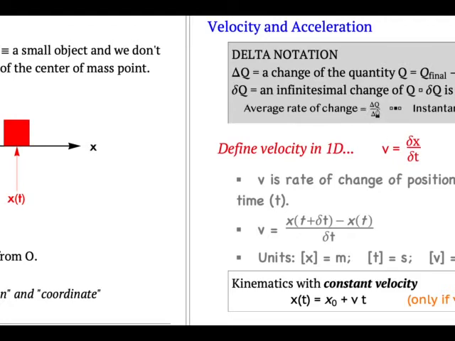Maybe that's 1 minute. And I have the change in this quantity Q during 1 minute. And then the ratio, delta Q over delta T, is the average rate of change during that 1 minute.